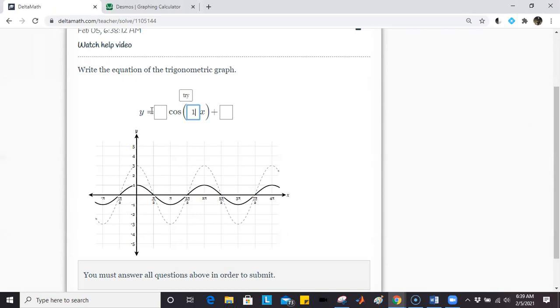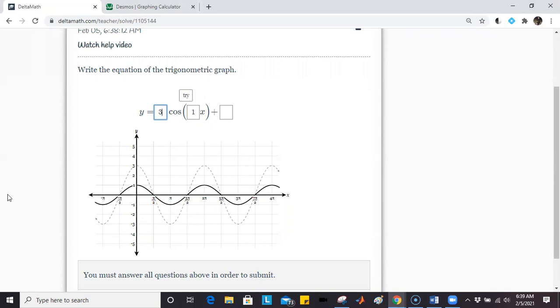The amplitude of the dotted line, the tallest tall would be at 3, the lowest low at -3. So 3 minus -3 is like 3 plus 3, which is 6, divided by 2 is 3.